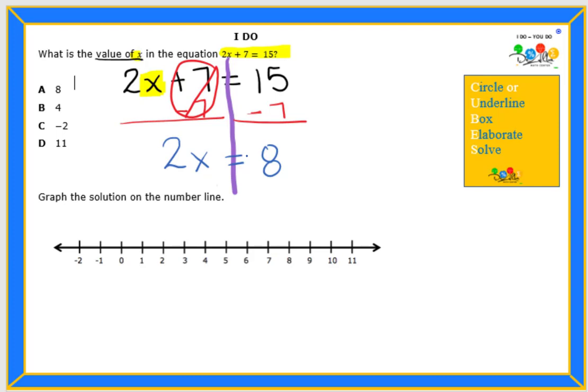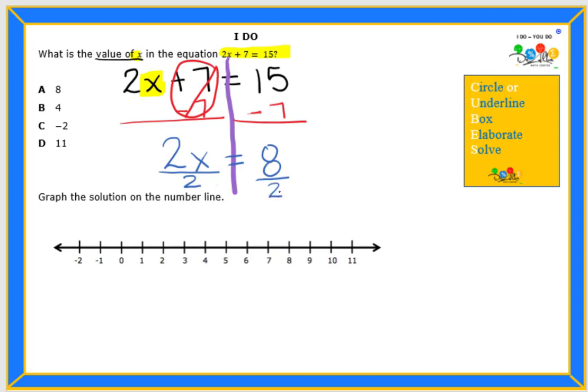So if they're multiplying 2 times the x, what is the inverse operation of multiplying? That is correct, dividing. So we would divide by 2. Since they multiply by 2, we are undoing and we divide by 2. Remember, whatever we do to one side, we have to do to the other. So on this side, we will also divide by 2.